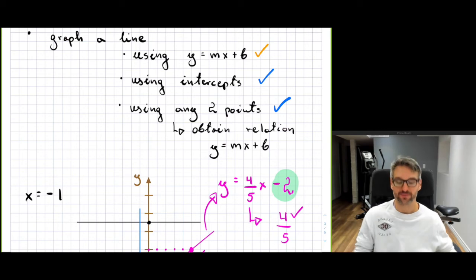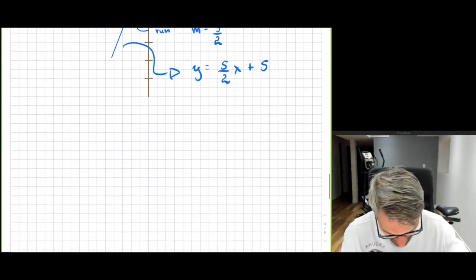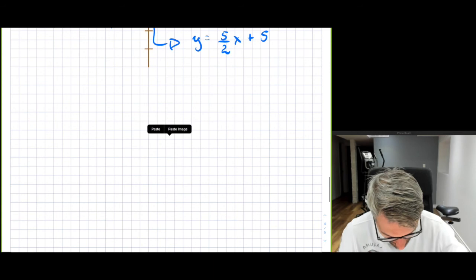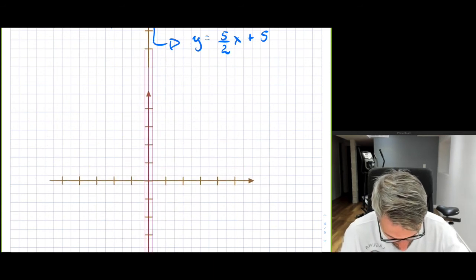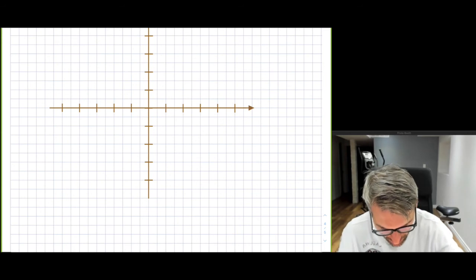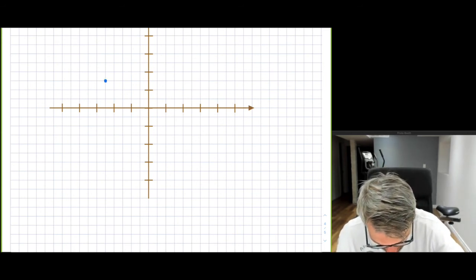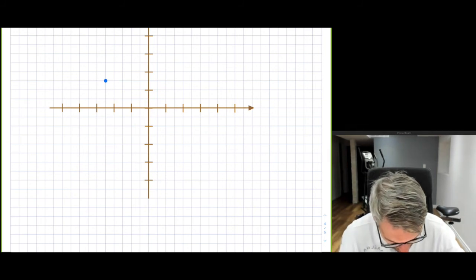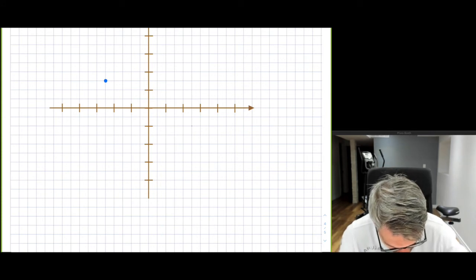Let's try it. Here is the graph again, and I arbitrarily put in 2 points somewhere along here. Let's say here is 1 point, and my other point is somewhere over here.